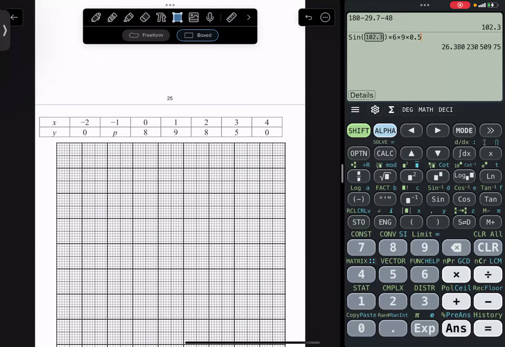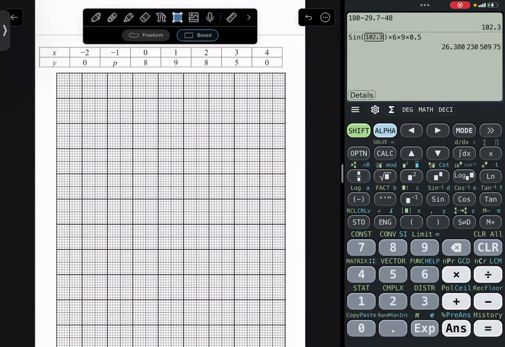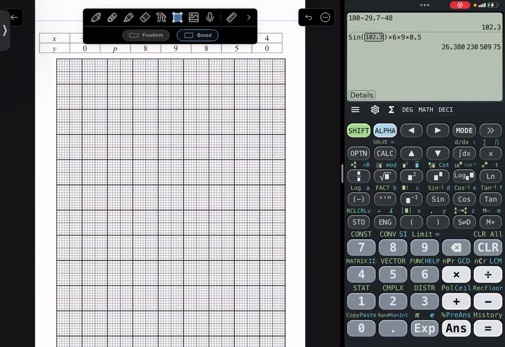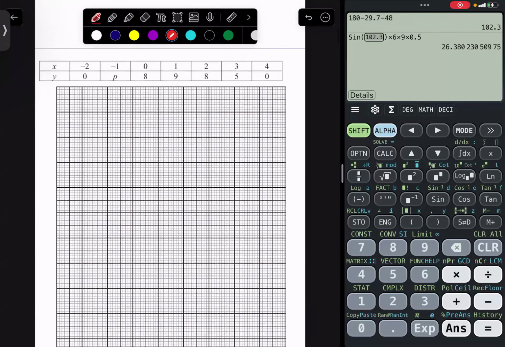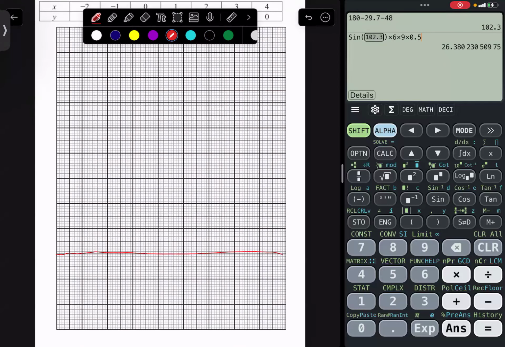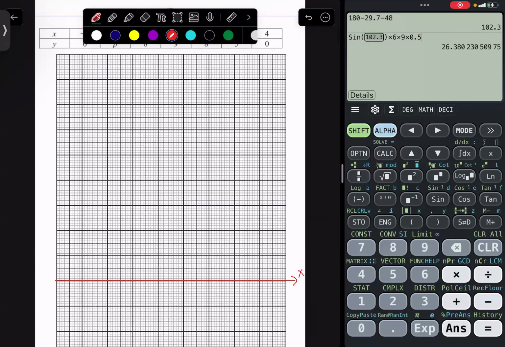So you have x from negative 2, with 2 cm to 1 unit. It's all positive, so I can do this. This is going to be my x-axis. Let's say this is negative 2, negative 1, this will be 0, 1, 2, 3, 4.